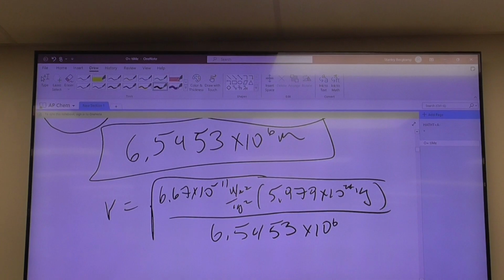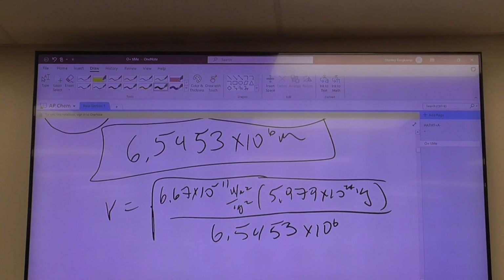Now, all I want to do is something called order of magnitude. Order of magnitude means that you really don't worry about the numbers themselves, you just worry about the exponents. Literally, that's all we're going to worry about. So Thatcher, 10 to the negative 11th times 10 to the 24th gives me what? 10 to the 13th.